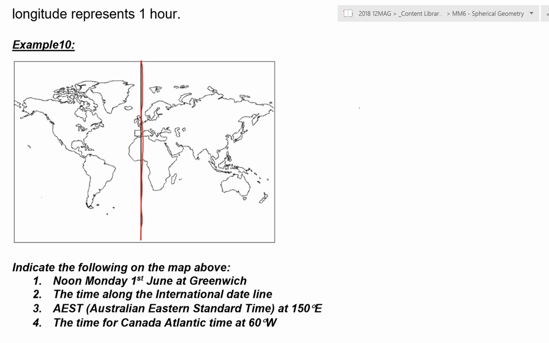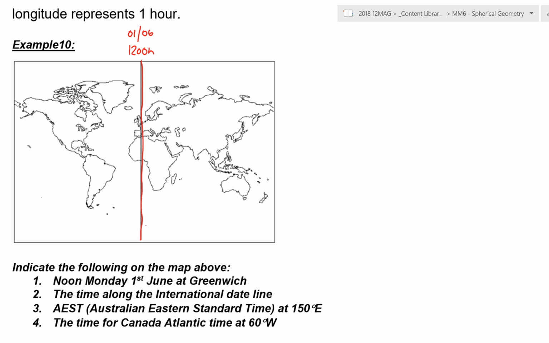This is telling us that on the prime meridian it is going to be 1200 hours on the 1st of June. That means everywhere along that line, and a little bit either side of that, we're going to say that's noon. That's midday for all of those places.